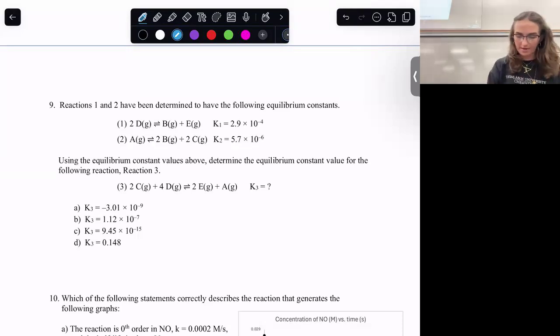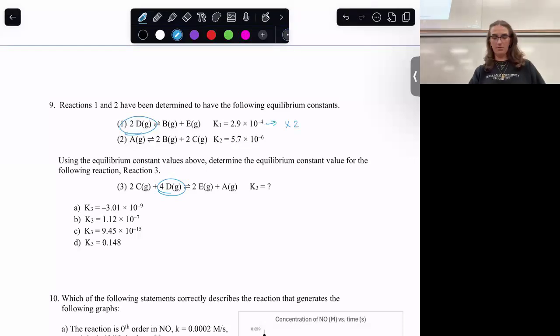If we look at 2D here and 4D here, in order to get from 2 to 4, we have to multiply by 2. So we're going to times 2 for our reaction. But what does that mean for K? K goes to the power of 2. So K1 to the power of 2.